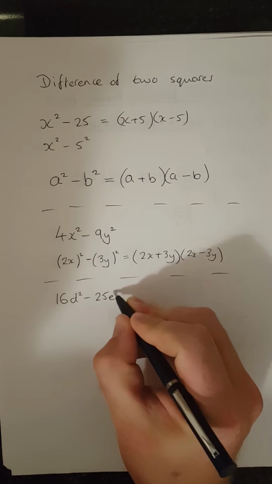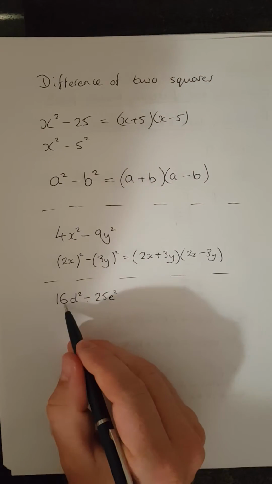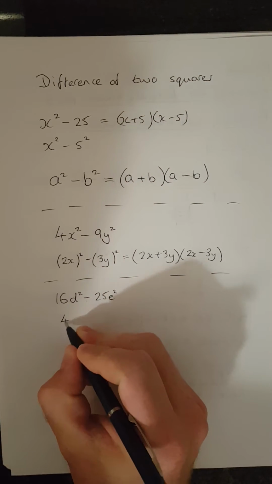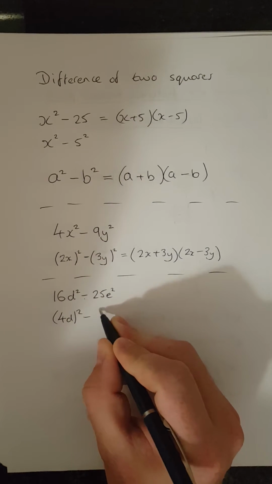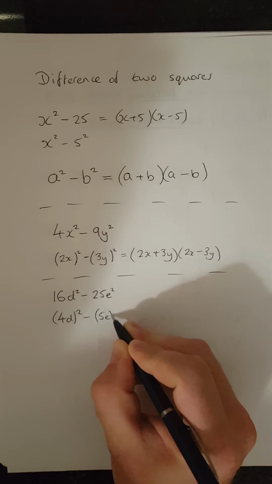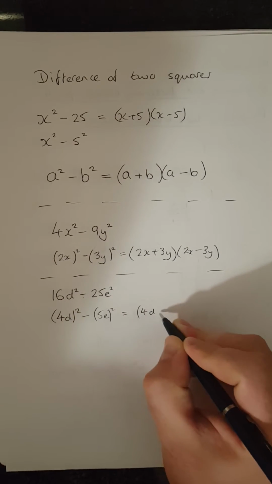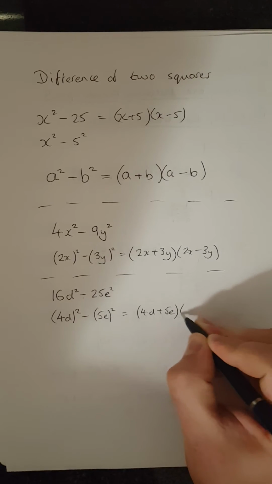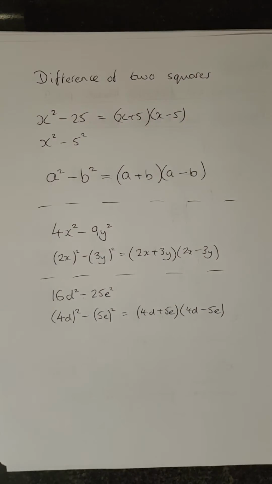Again, it must always be a difference, not an add, difference of 2 squares. So 4d and 5e. So we get 4d plus 5e and 4d minus 5e.